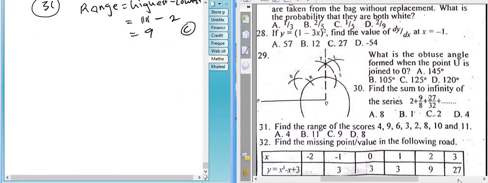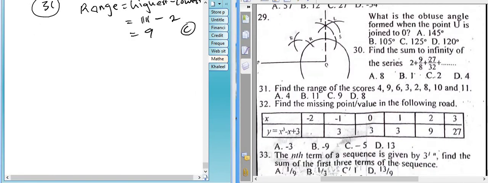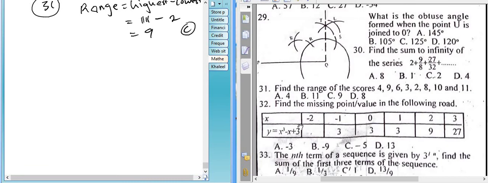The next question is given in a table. So find the missing point of the following. So x, this is what we want to find, this is the value of y.